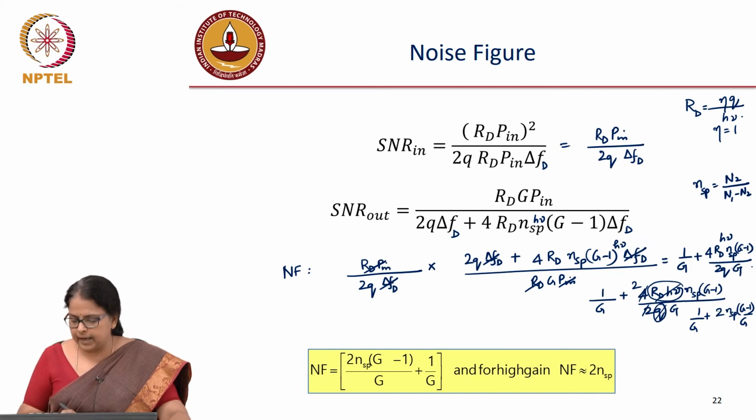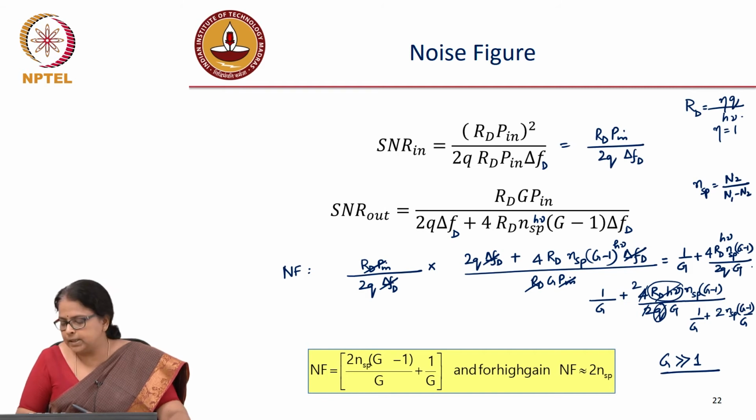And for high gain, when G is much larger than 1, (G minus 1) by G is equal to 1. 1 by G is a very small number, so I can approximate noise figure as twice N_SP. Okay. So this is an interesting result.